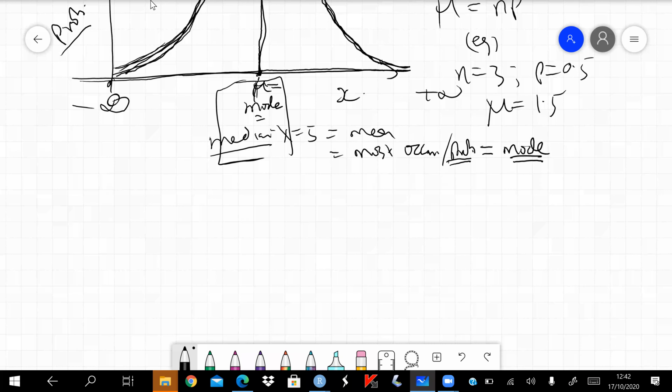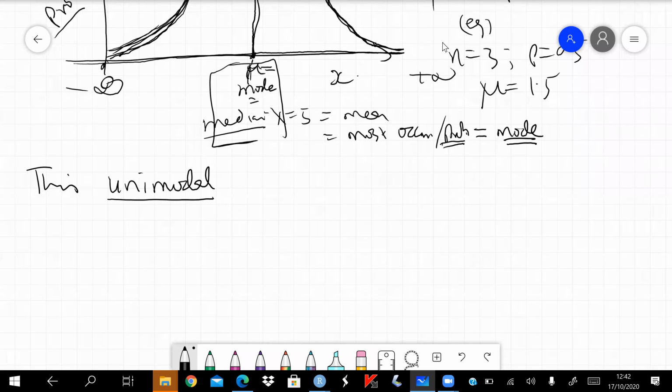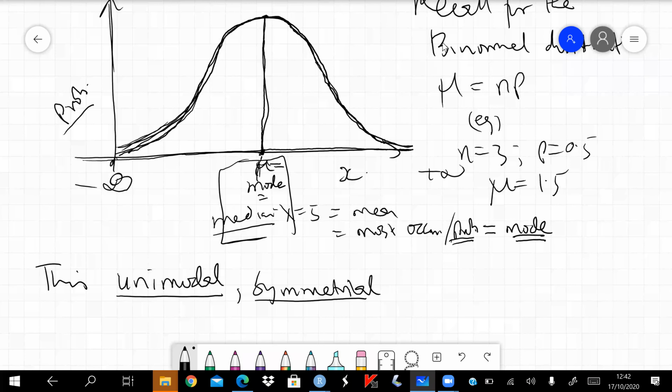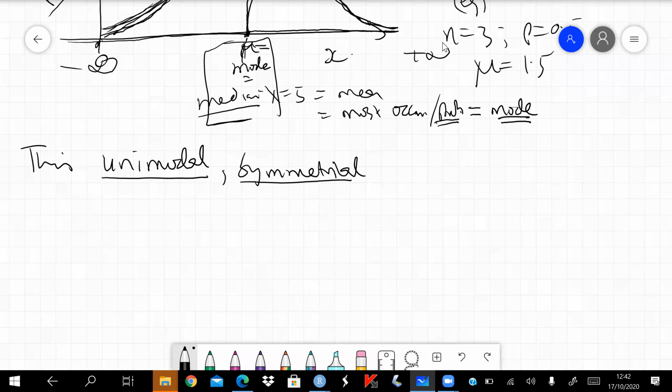So we say that this unimodal means with only one mode. This unimodal symmetrical, because, as you can see, we can divide it into two identical halves. Symmetrical bell-shaped distribution.